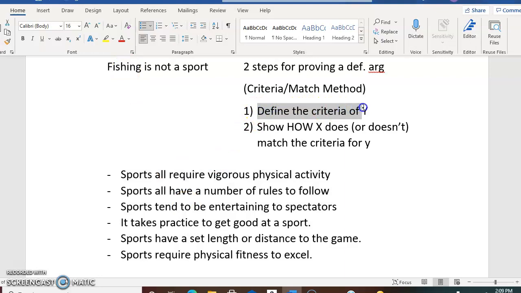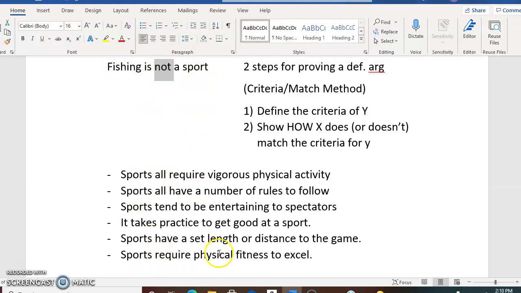So we just did step one here. We defined the criteria of Y down here. Our second step is to show how X, fishing, does or doesn't match the criteria of Y. In this case, we'd be showing that fishing does not match the criteria of sport.